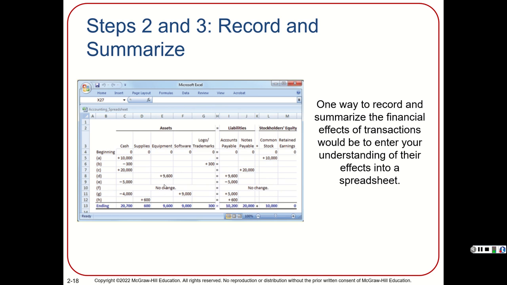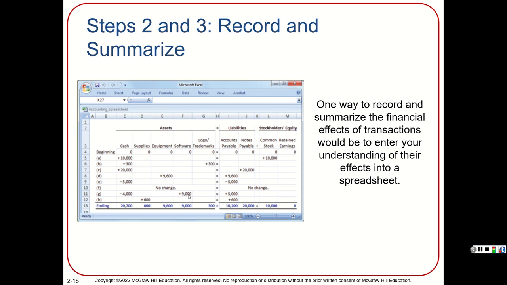In F, you would put no change because this is where the company signed a contract but did not receive anything for the contract yet. And then in G, that's when we actually received the software, so we booked the asset. At the time, we gave them a $4,000 down payment and the $5,000 promise to pay.